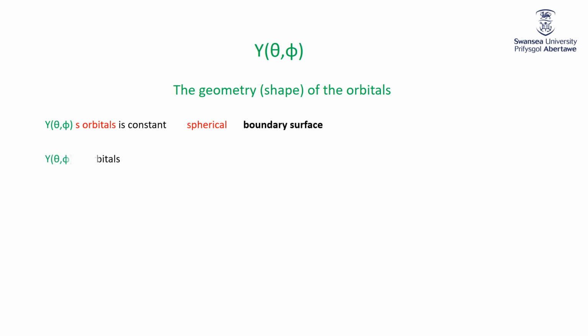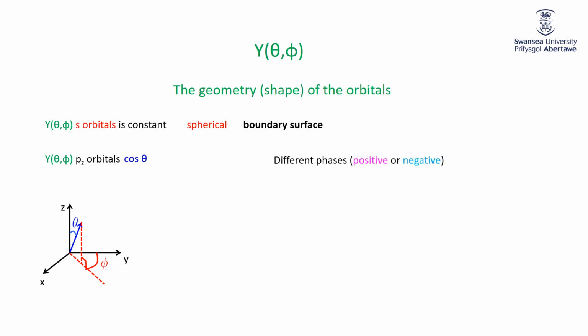Okay. Think about the pz orbitals. They have a cosine theta dependence. Now, I hope you've done some trigonometry. Cosines can be positive or negative. So what that means is that the orbital can be positive or negative, right? Not that the electron is suddenly positive or negative, but the wave function that describes it is positive or negative.